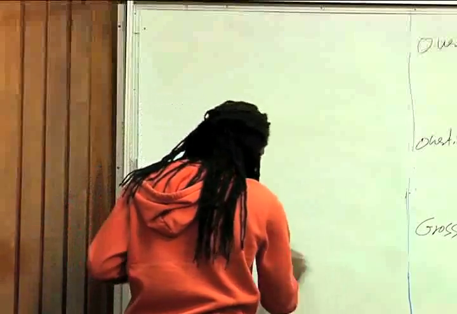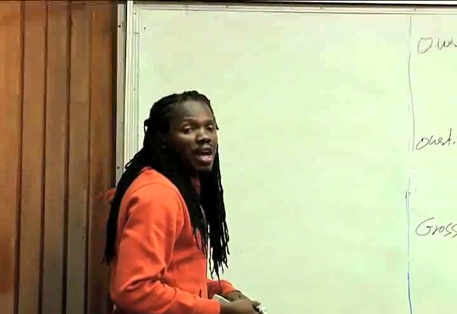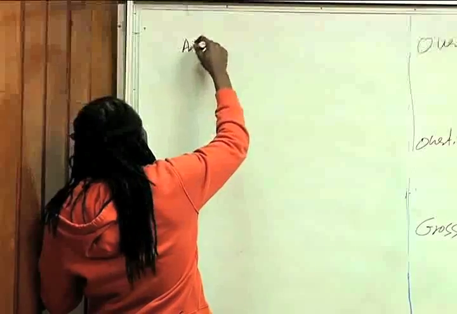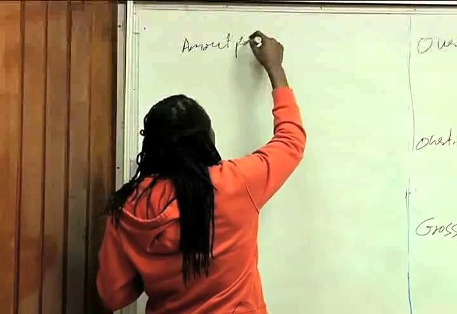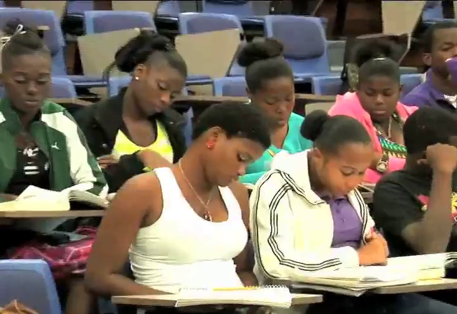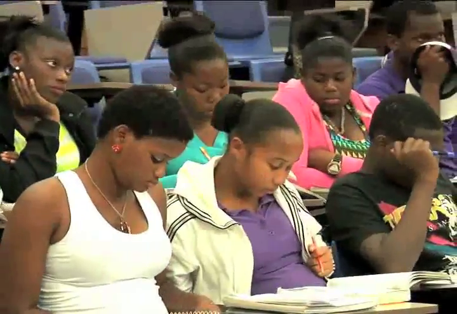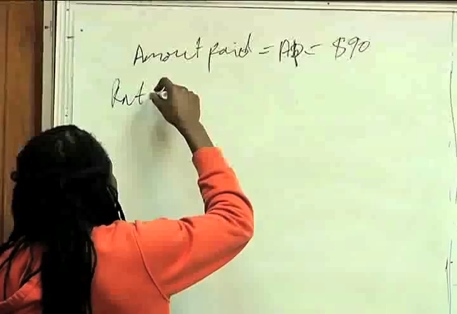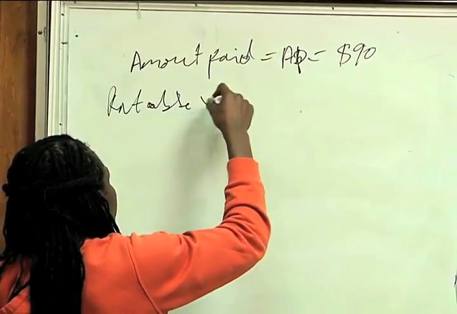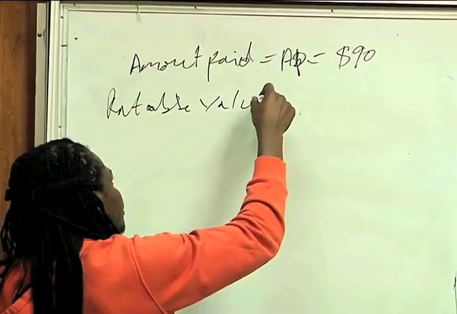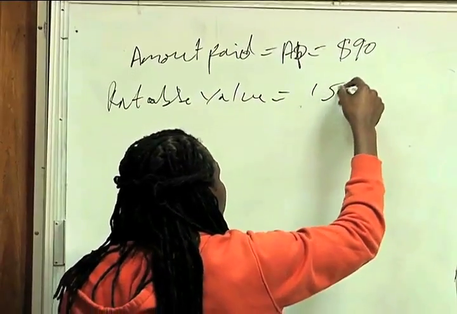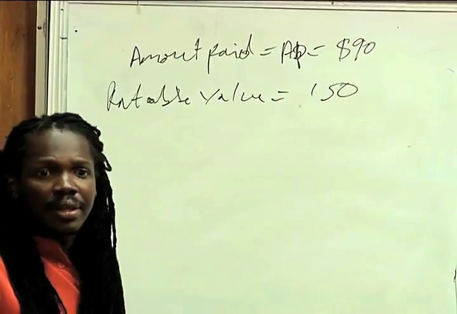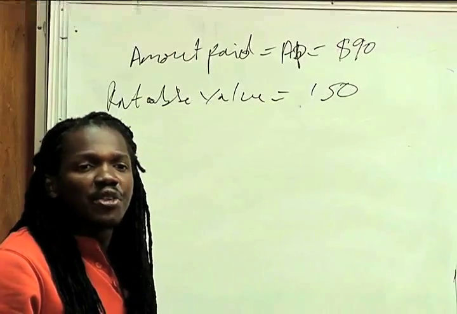The amount paid, AP, equals $90. And the rateable value is $150. I want to know what the rate is.